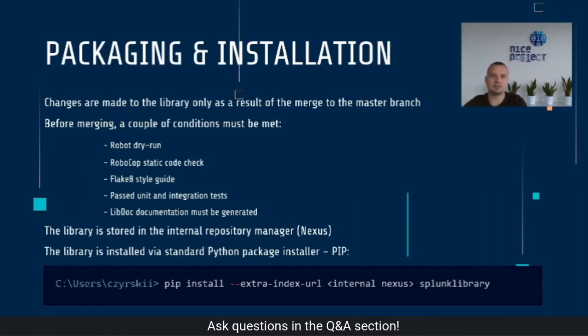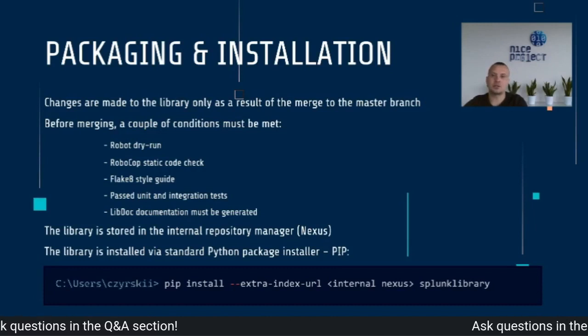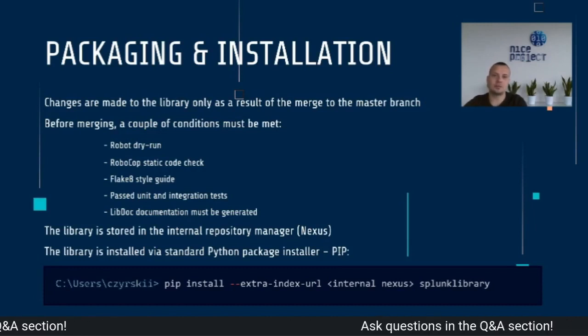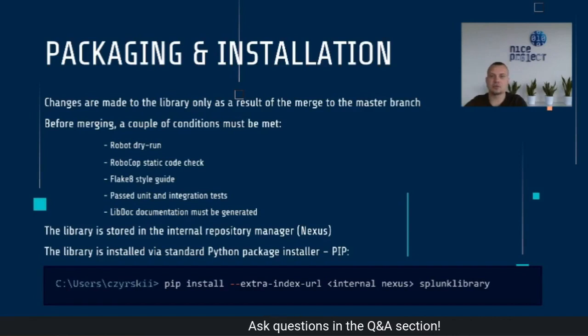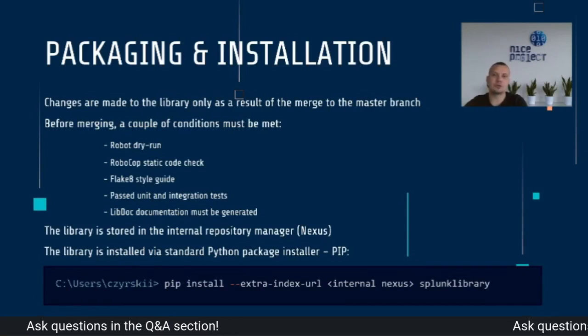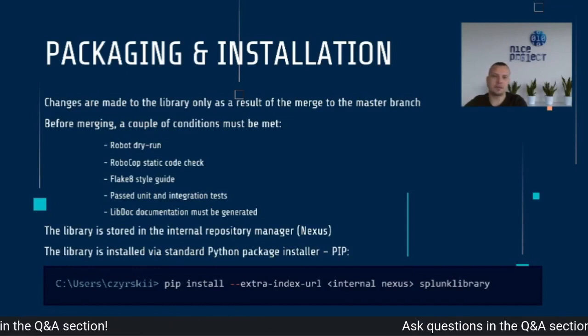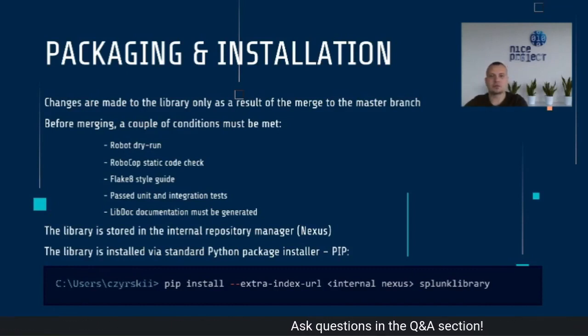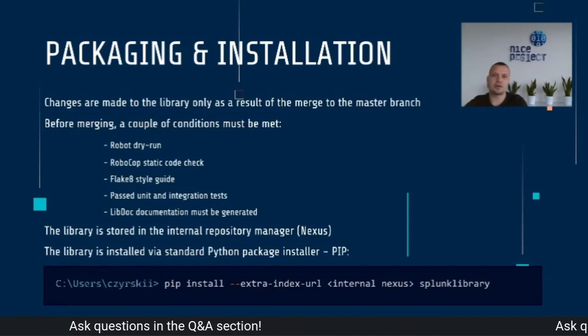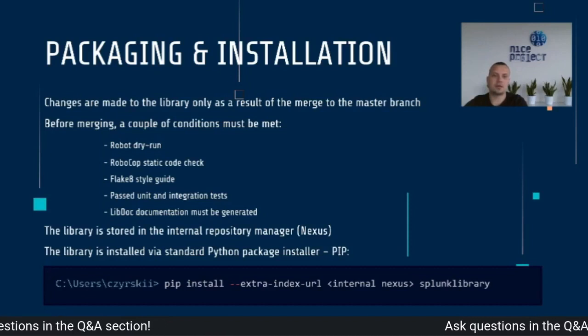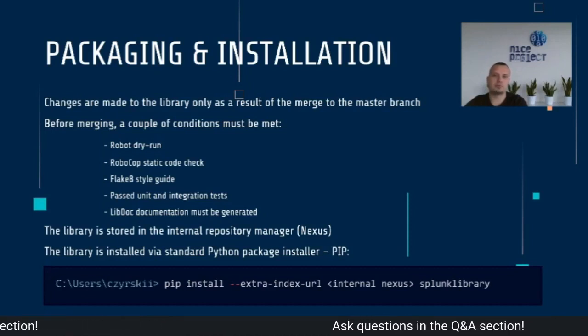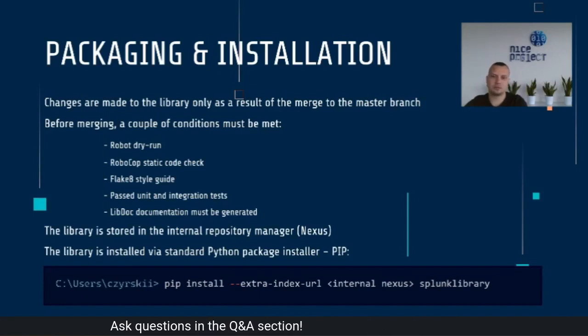It must be checked by the static code analysis tools. Integration and unit tests need to be passed, and the documentation needs to be generated. This way we can reduce the risk of defects in the library. The library is stored in the internal repository manager, Nexus in my case. It can be downloaded and installed like any other Python library using the standard pip package installer.